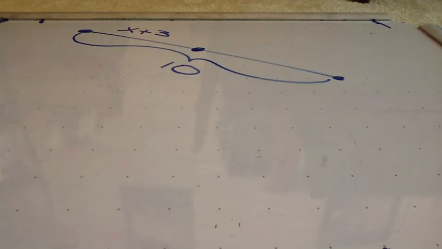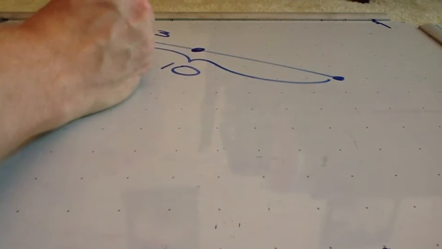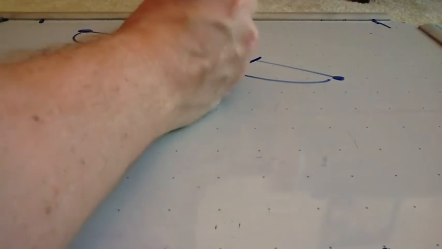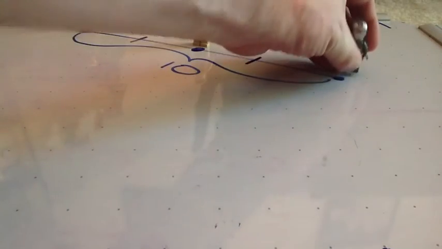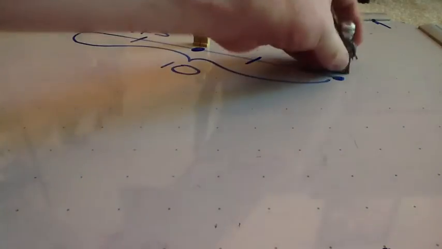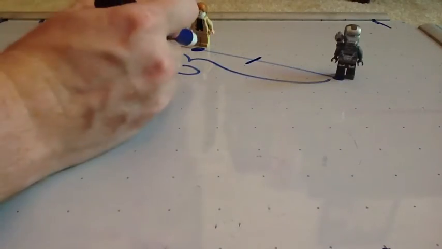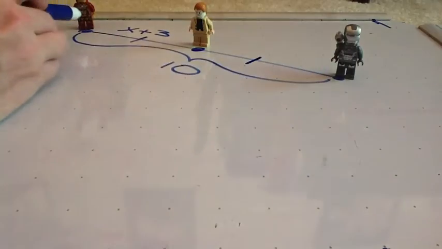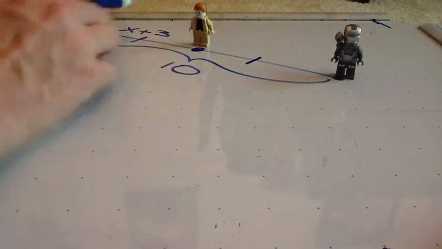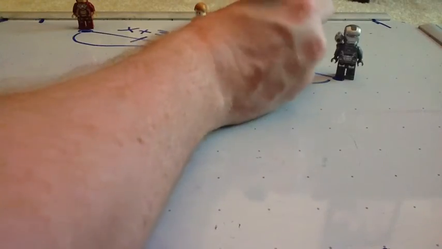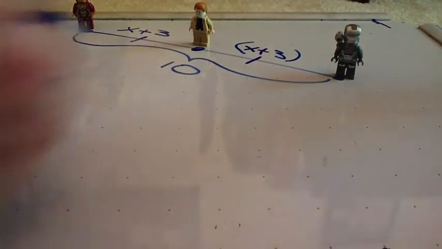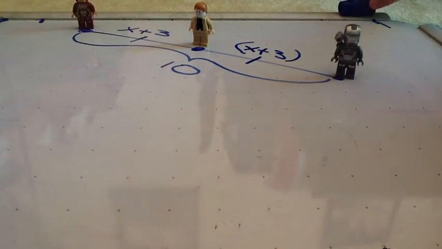If the bad guy is standing on the midpoint between Iron Man and War Machine, that means Iron Man to him is x plus 3, and the bad guy to War Machine is also x plus 3. We know that because the bad guy is standing on the midpoint.